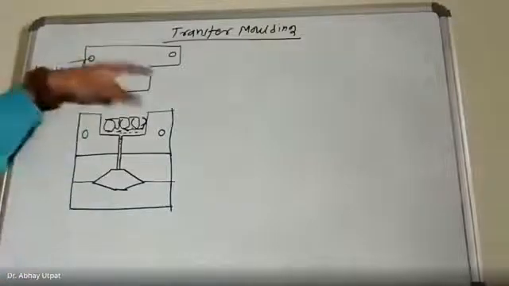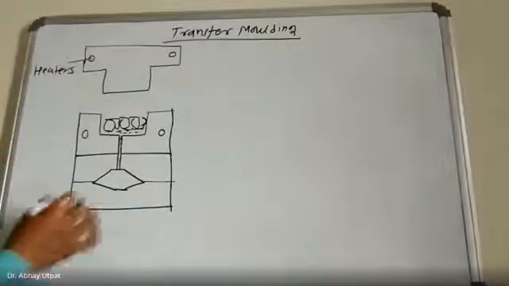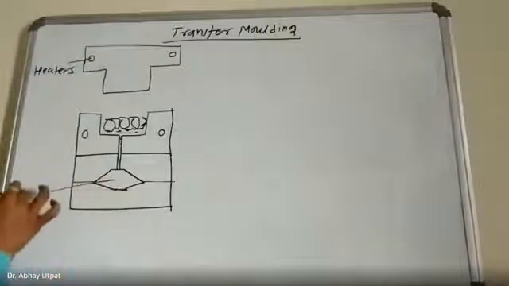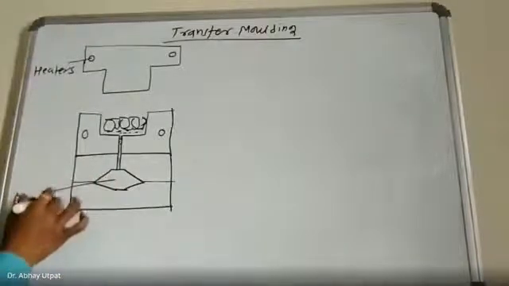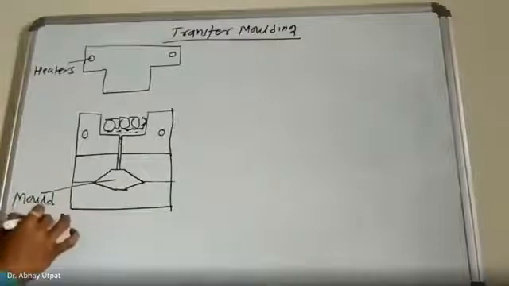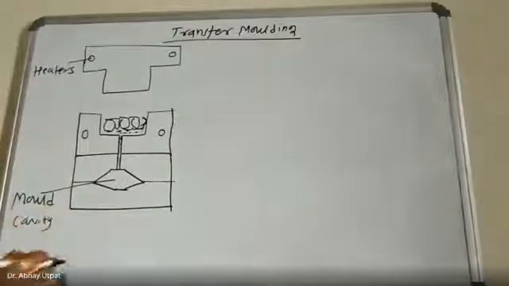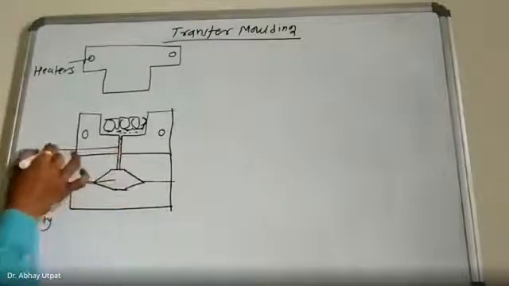These are the heaters, round shape I have shown. This is the mold cavity. This is the screw.